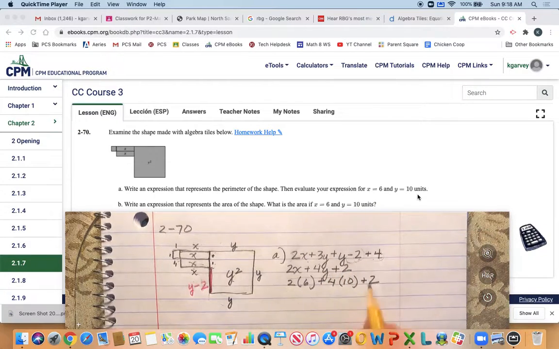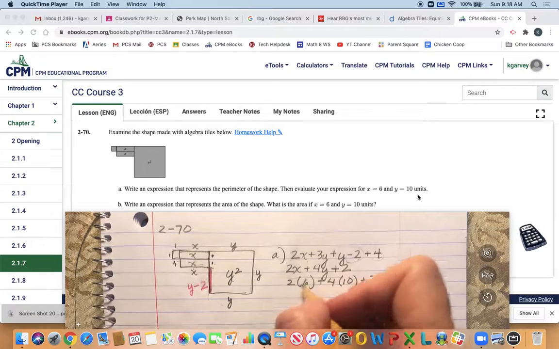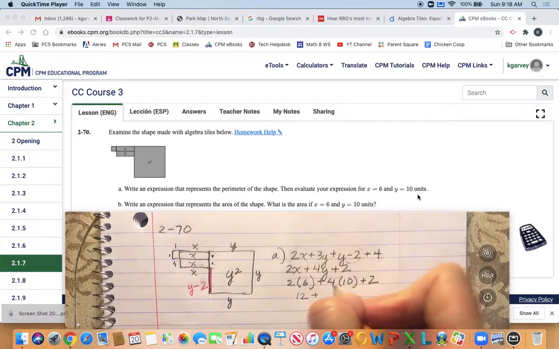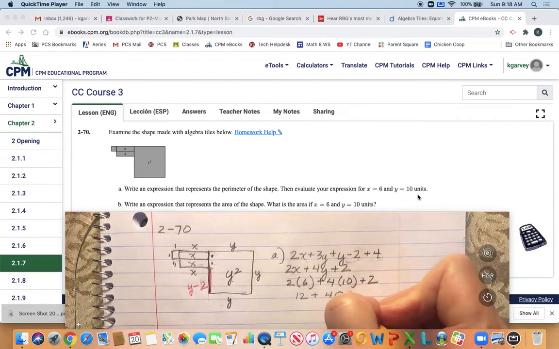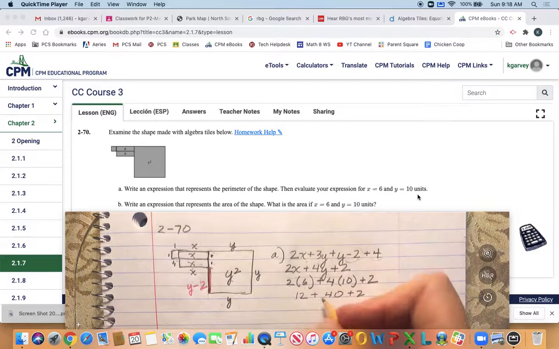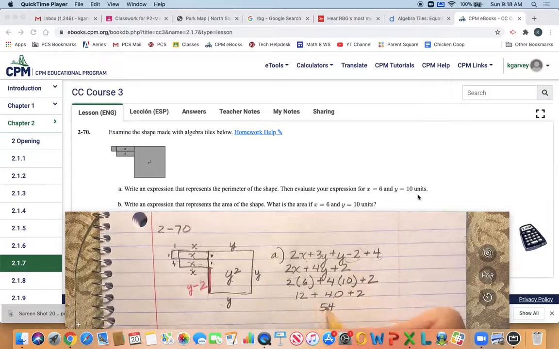So now we can just do the math. 2 times 6 is 12, plus 4 times 10 is 40, and then we still have the plus 2. 12 plus 40 is 52, plus 2 is 54. So the answer here is 54. So that's what it is when you evaluate.